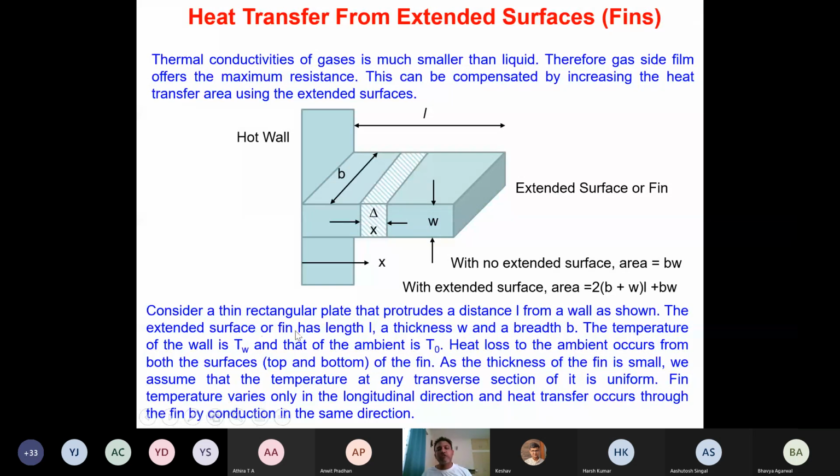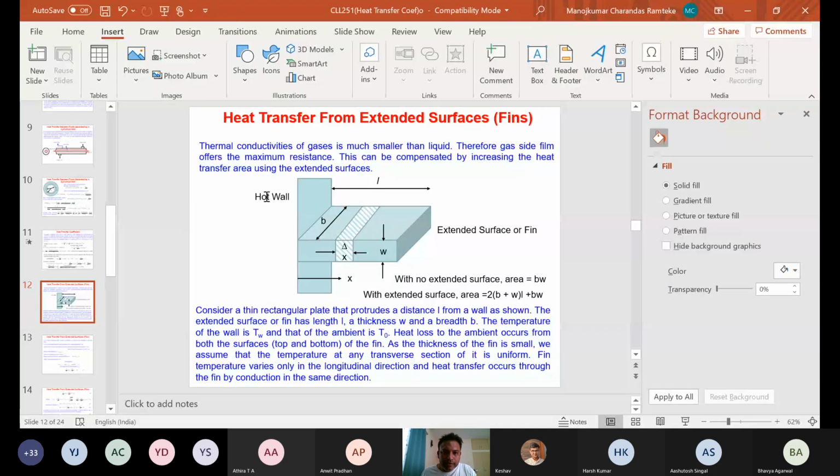The extended surface or fin has a length L, a thickness W, and a breadth B. The temperature of the wall here is T naught.